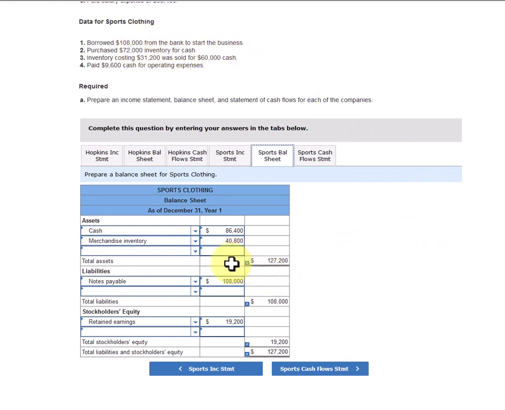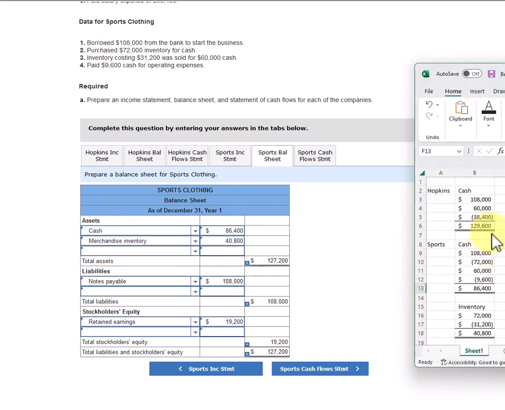In this case, we are going to have to calculate the amount of cash and merchandise inventory, and I have those calculations over here for you. For cash, the company started with $108,000. We have a negative $72,000 because they paid cash for inventories. They then sold inventory for cash, so we've got a plus 60 here.